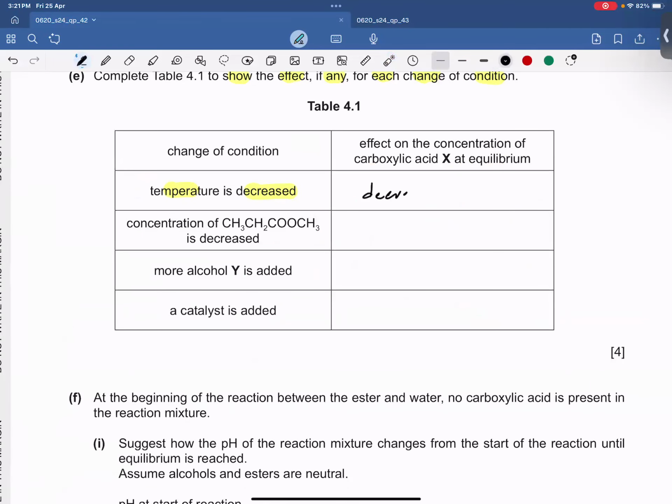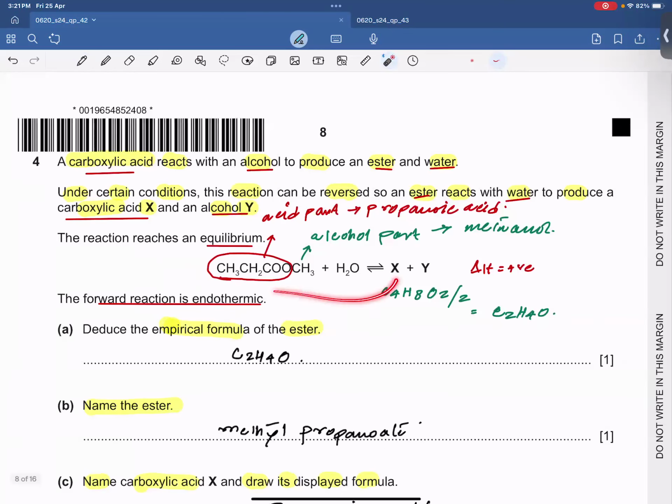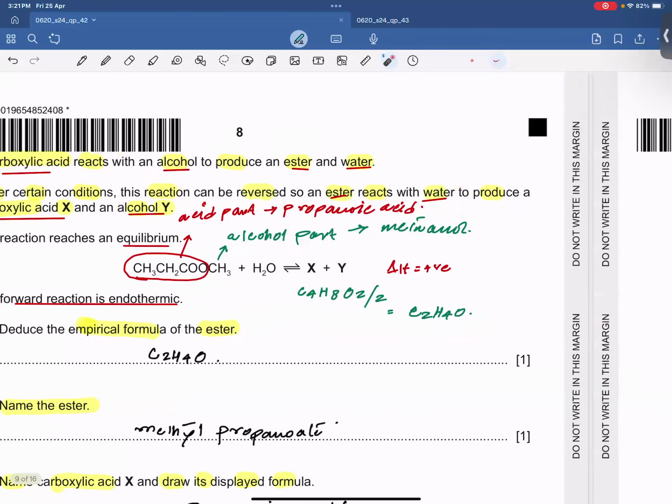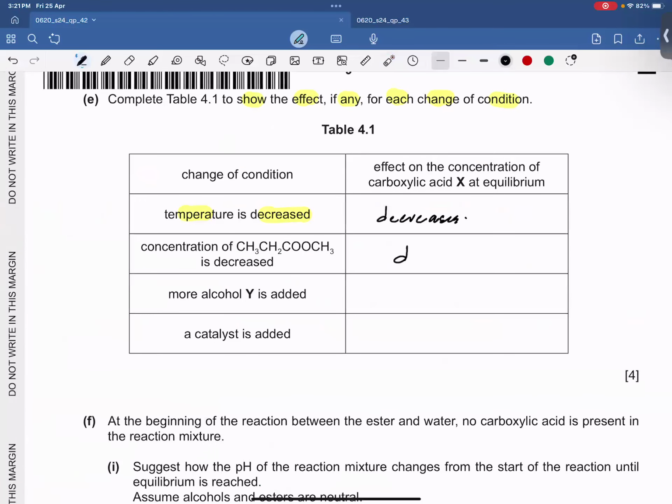Decreases. If concentration of ester is decreased, again equilibrium favors the left-hand side. The concentration of X also decreases. That's very straightforward.